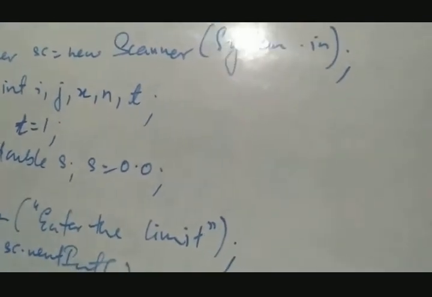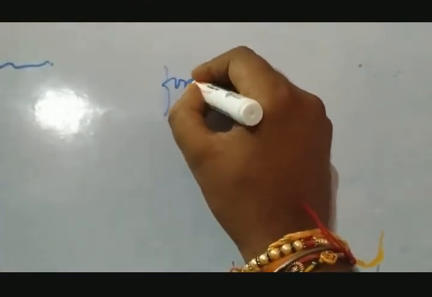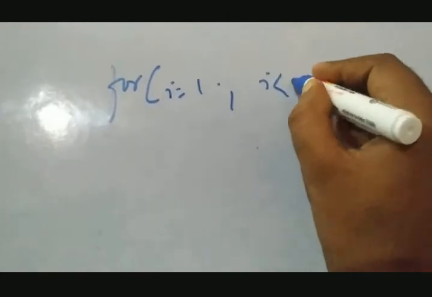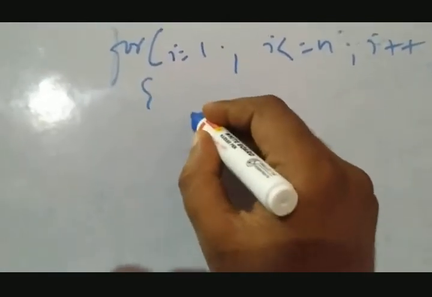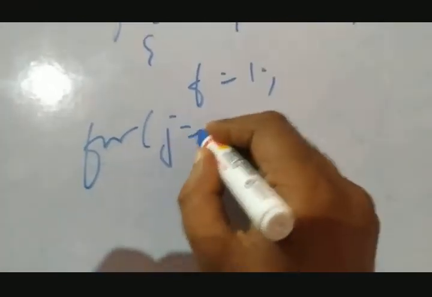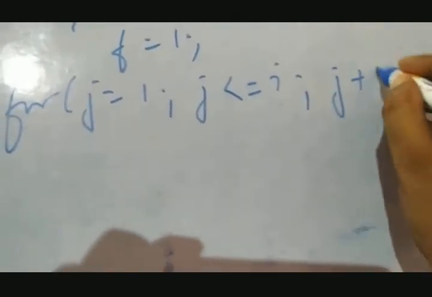So t value already assigned to you with a value of 1. So here we go with the loop. So for I equals to 1, I less than equals to n, I plus plus, and now f value equals to 1. For j equals to 1, j less than equals to I, j plus plus.